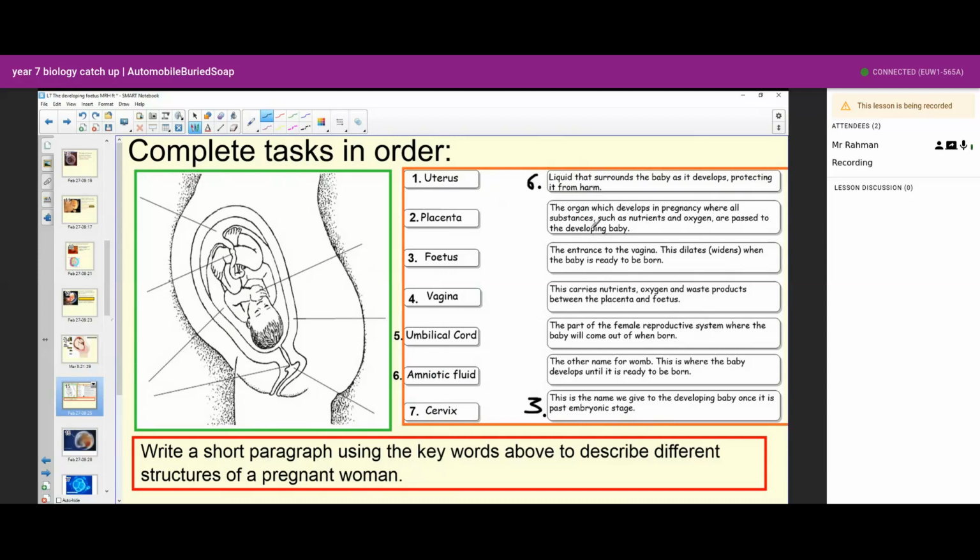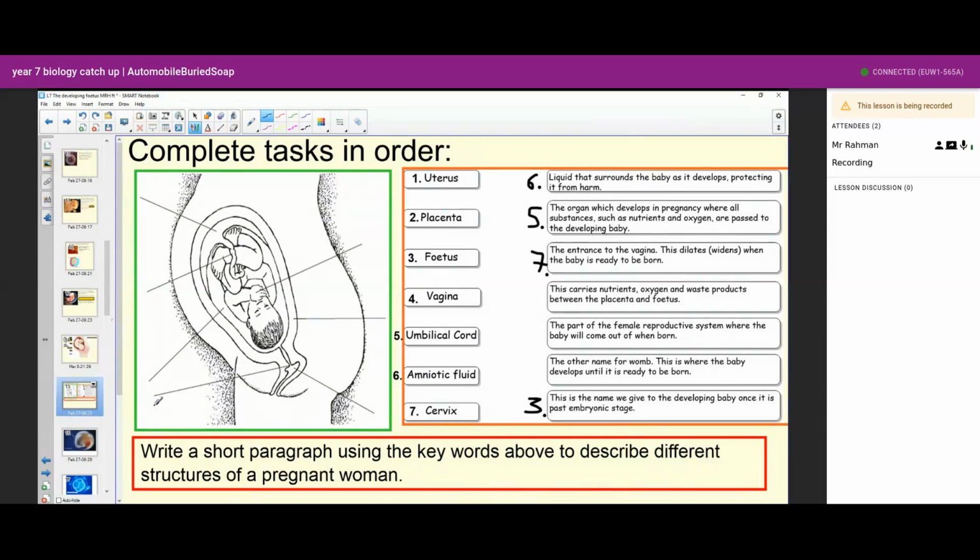Next one, an organ which develops in pregnancy, where all substances such as nutrients and oxygen are passed to the developing baby. That is the umbilical cord. And then the next one, entrance to the vagina. This widens when the baby is ready to be born. That is the cervix, number 7.